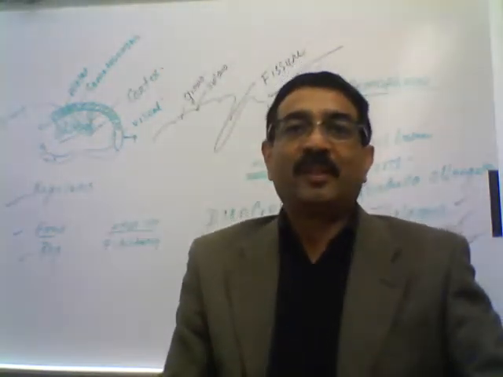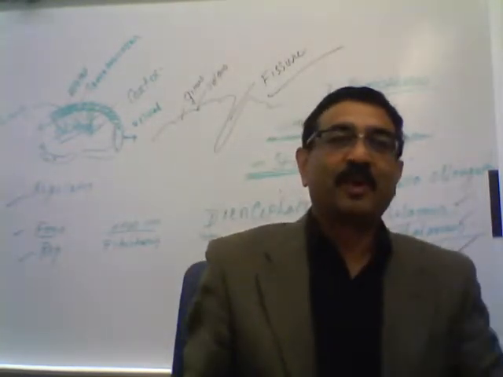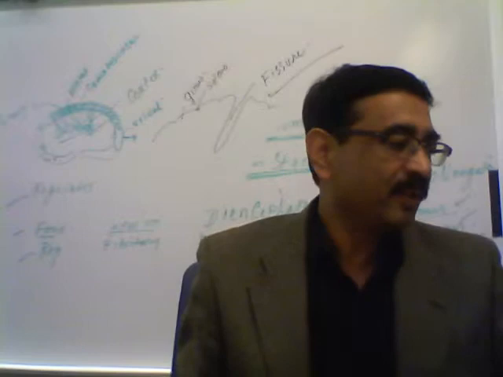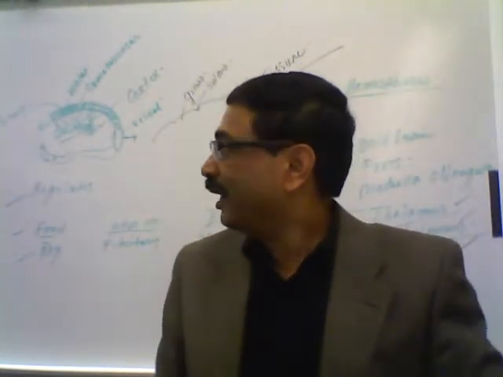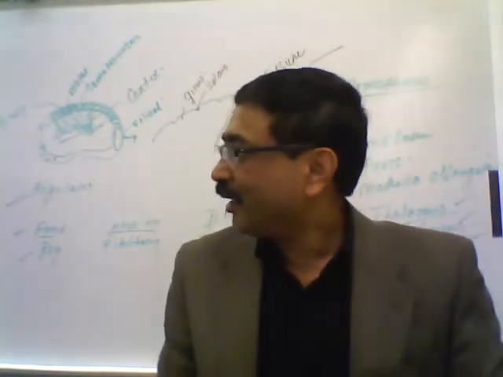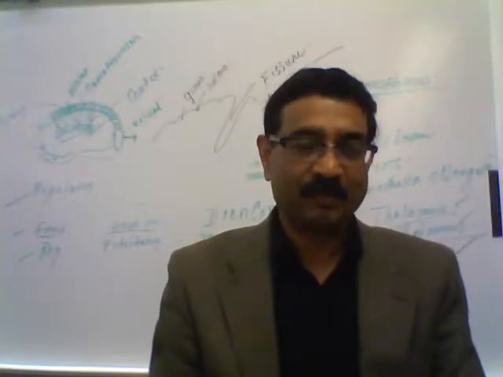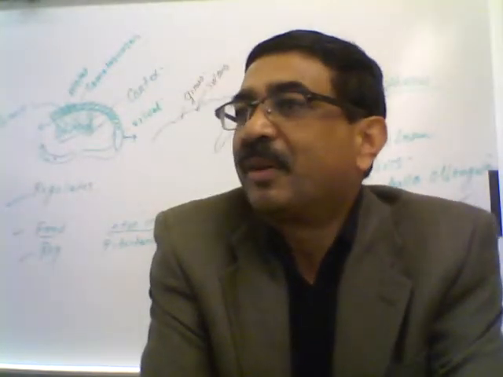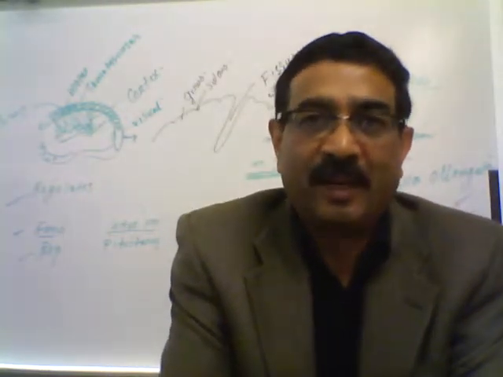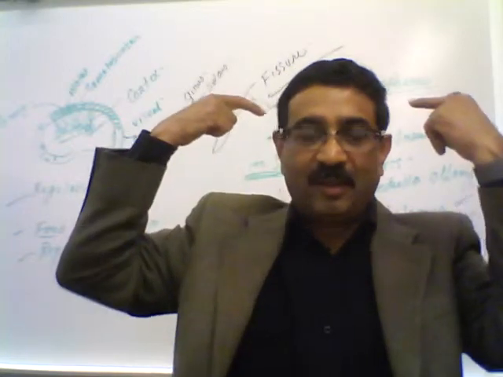Now, in the cerebral cortex, you have many areas. I have just mentioned a few of those. Some of those areas are sensory areas, some are motor areas, and some are called association areas. Sensory areas are the visual area, right? Because a visual signal is a sensory signal going to the brain.